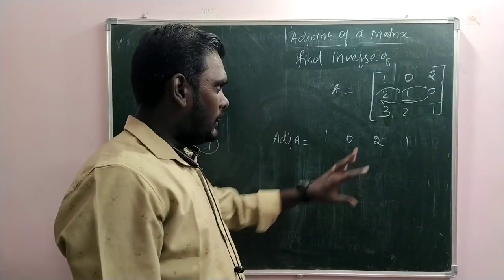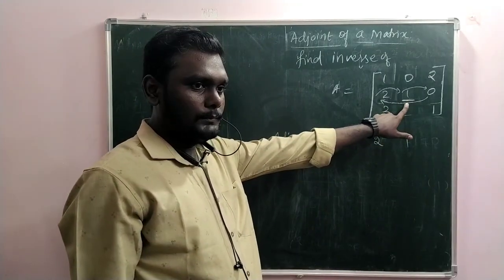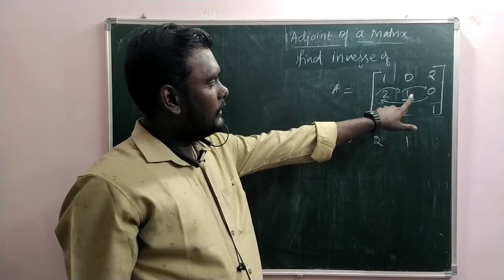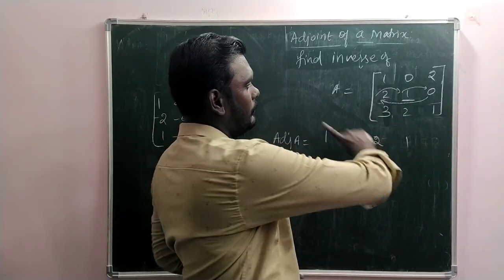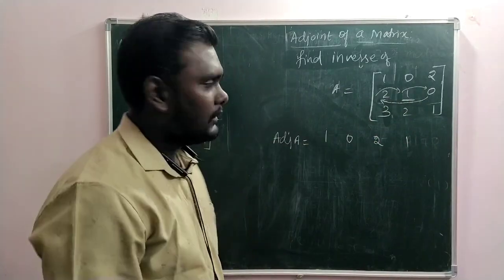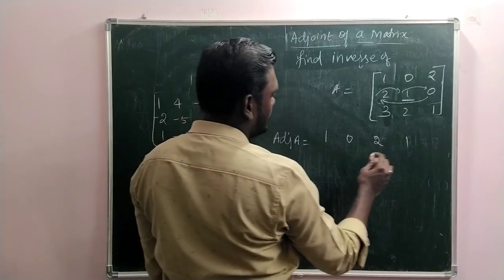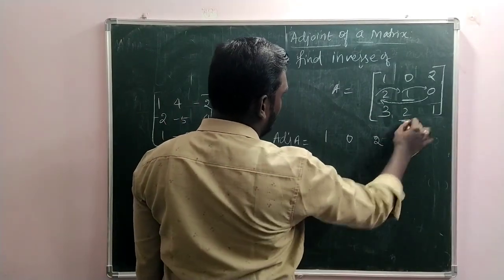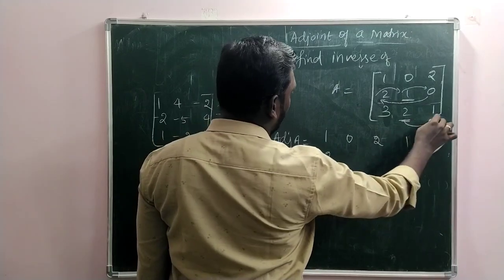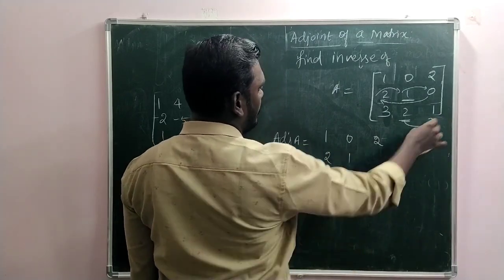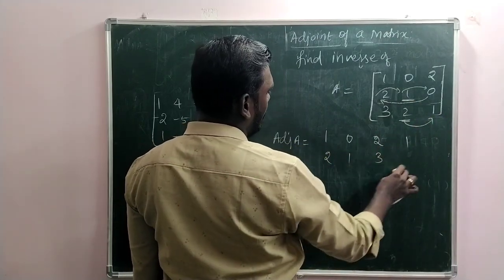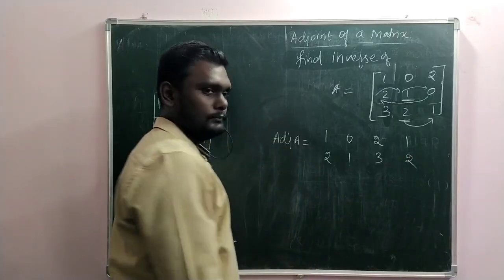Any doubts on this? I started with the middle row, middle element. So from right to left, one cycle I came. The same way the next row elements should be written. The next row element is the middle element, which is 2, then go here 1, then go for a cycle 3, again finish it with the 2.